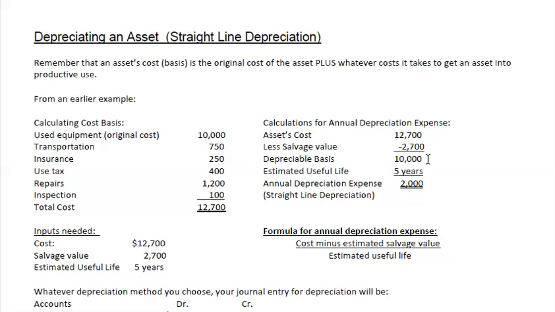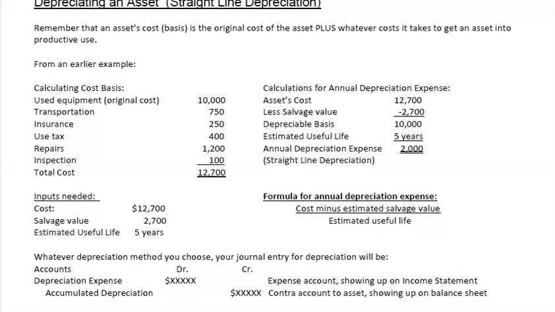So we're going to use up $10,000 worth, divide it by its estimated life of 5 years, and that gives us an annual depreciation expense of $2,000. So every year for the next 5 years, or as long as we own this, up to and through the 5 years, we're going to take $2,000 a year. Can it be changed? Yes, but let's not get into that. We're going to keep it simple.